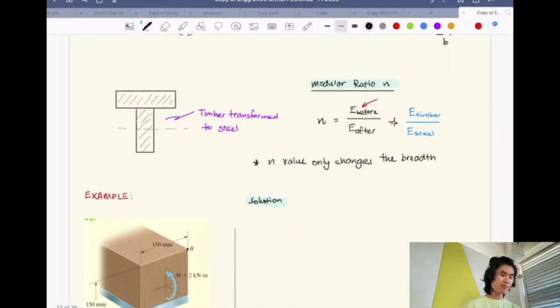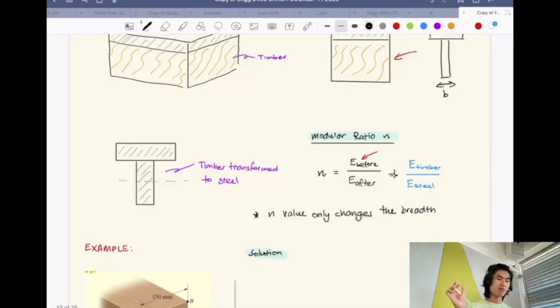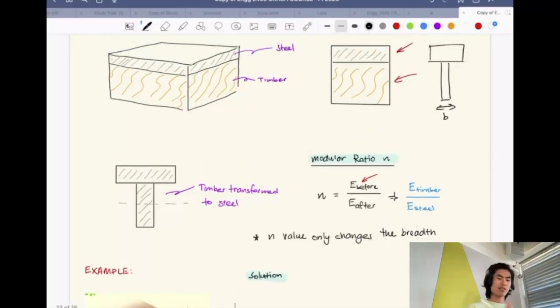So this modular ratio is the value that you multiply the original breadth by. So for example, this will be B here, and then this will be nB. And it'll be either a shortened or more elongated version of the breadth, right?